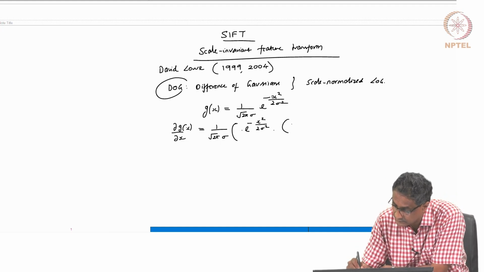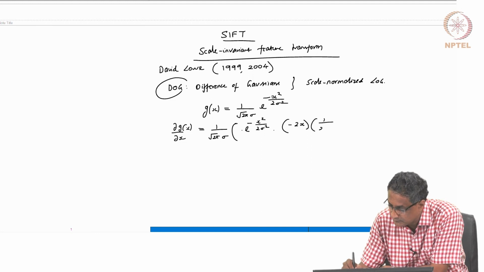Now let us first look at dou g by dou x. Because it is with respect to x, we will get minus 2x, then 1 by 2 sigma square.